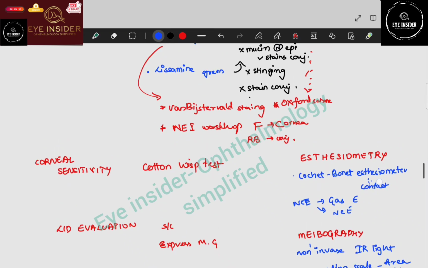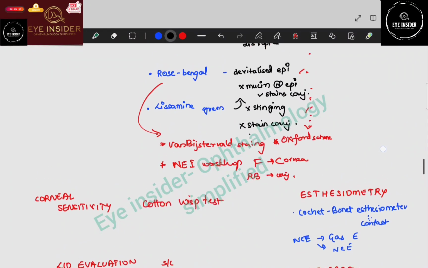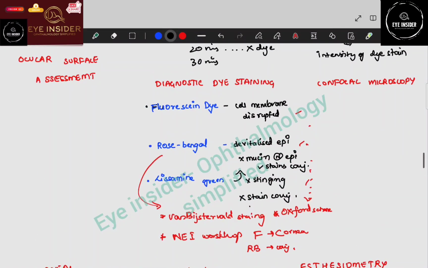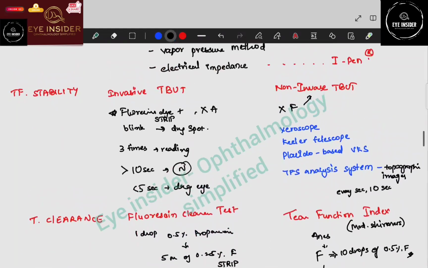So we have the LipiView systems, which include meibography and other tests in it. LipiView 2 was one of the important ones, which includes meibography as well as other important tests.